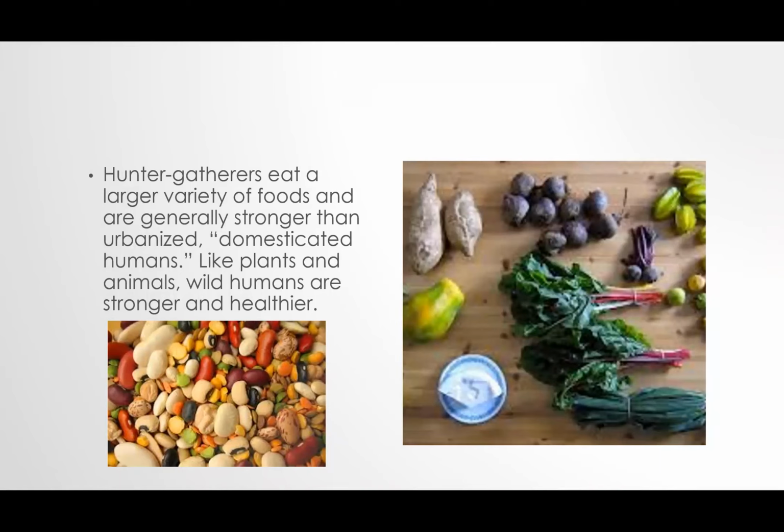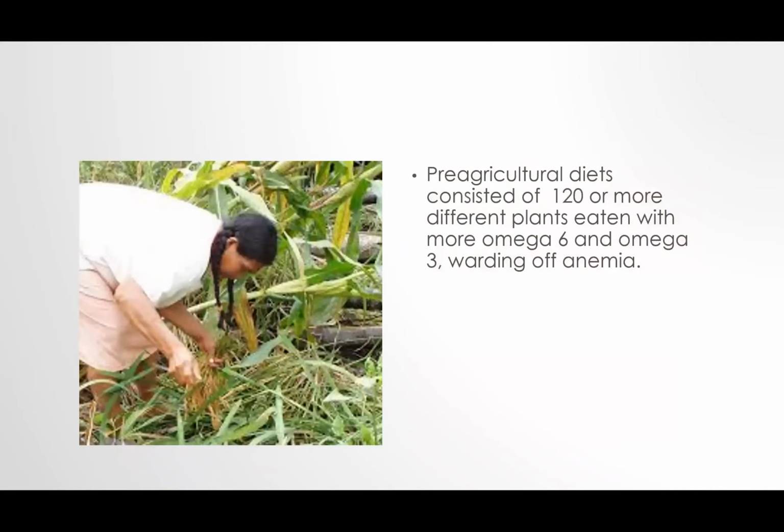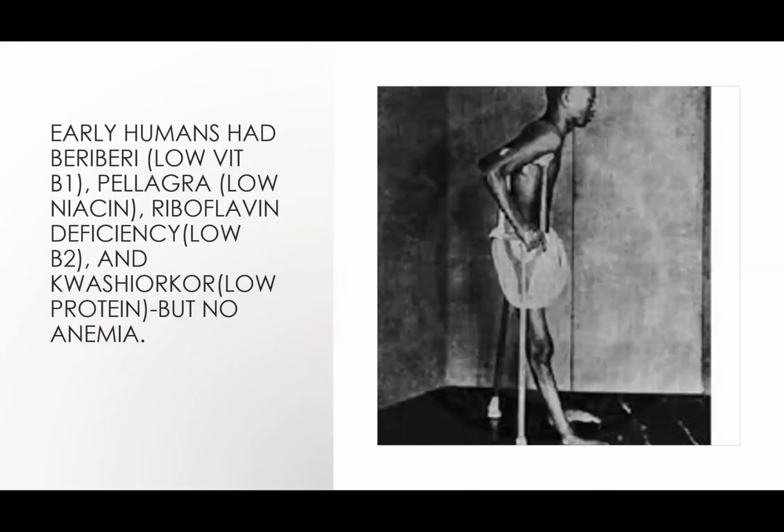Like plants and animals, wild humans are stronger and healthier. Pre-agricultural diets consisted of 120 or more different plants, eaten with more omega-6 and omega-3s, warding off anemia. Early humans had beriberi, pellagra, riboflavin deficiency, and kwashiorkor, but no anemia.